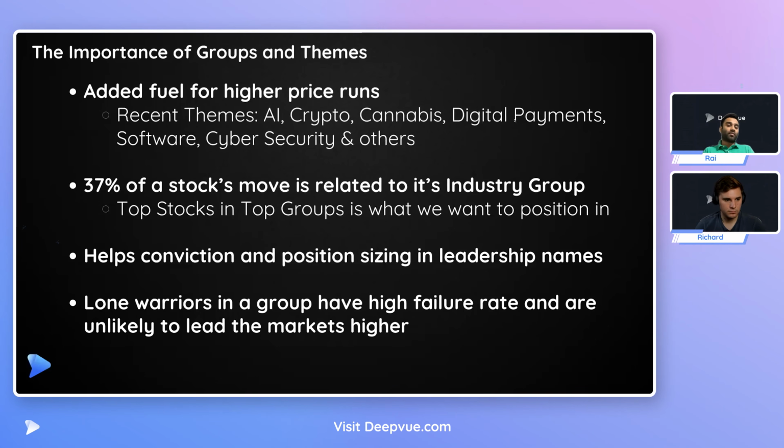And the last one is lone warrior. We do have some stories like Amgen back in the day that were driven by the drug they came out with, or ISRG for that matter, of what it did in that space.